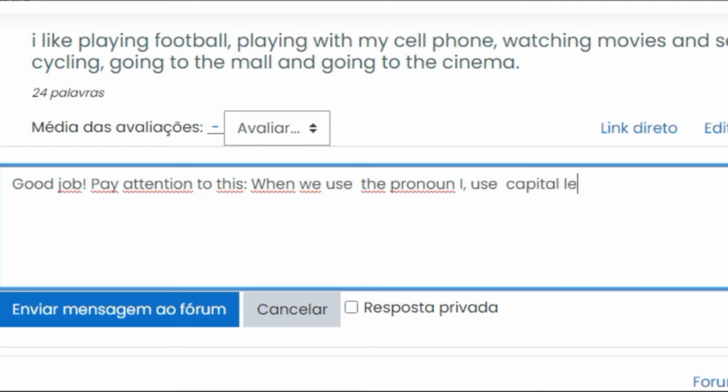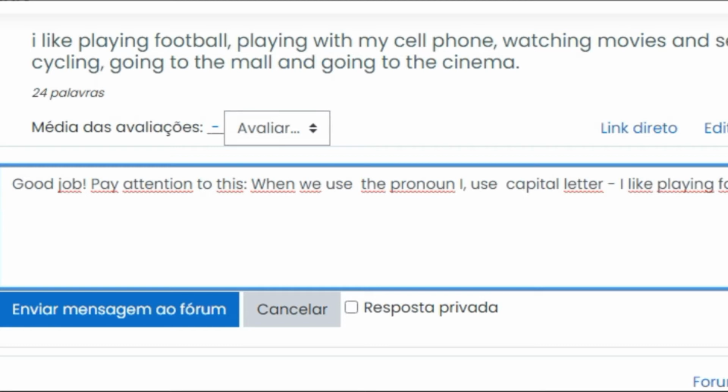Use capital letters. What is a capital letter? It means letra maiúscula. So you say, I like playing football, right? Not i like. Okay? That's the point.